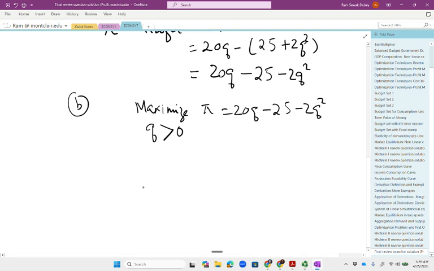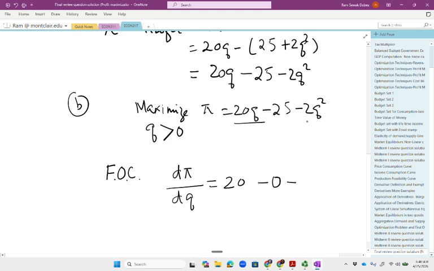With that, now we can write down the first order condition for the profit maximization, which is: I take the derivative of the objective function pi with respect to the choice variable q and make it equal to 0. So the derivative of 20q with respect to q is 20. 25 is a constant number, so its derivative is 0.